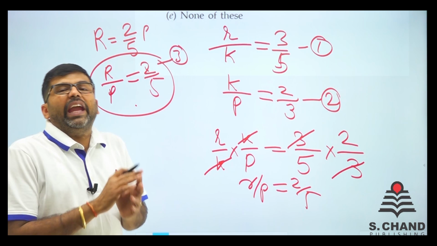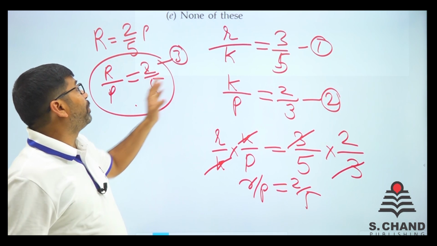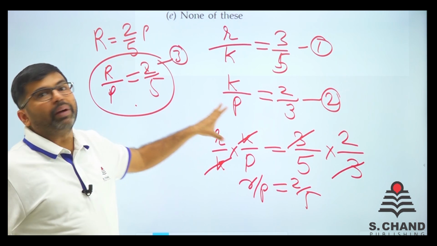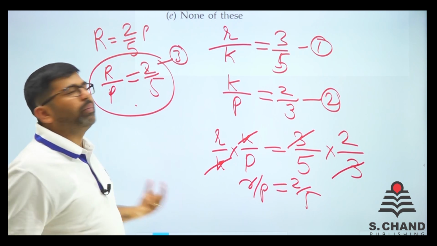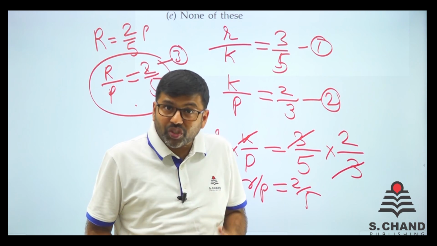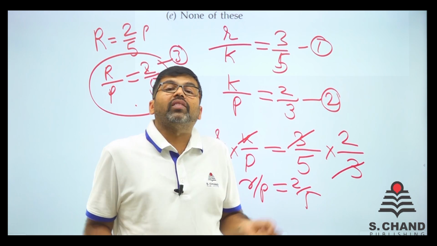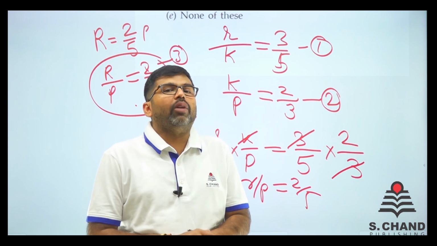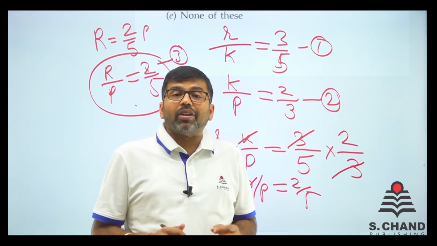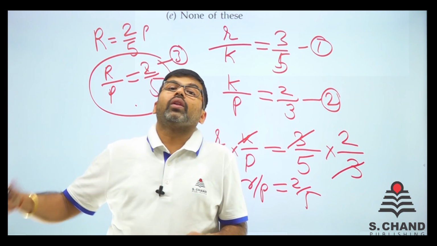If you take any equation, say you multiply R by K with K by P, तो भी हम equation पे नहीं पहुंच पाते, because they are just the ratios given. These are not equations. So you cannot find out any age, R की, K की, P की, because they are just in ratios.